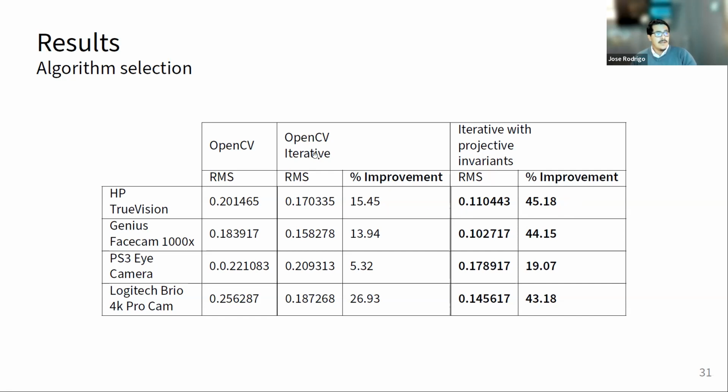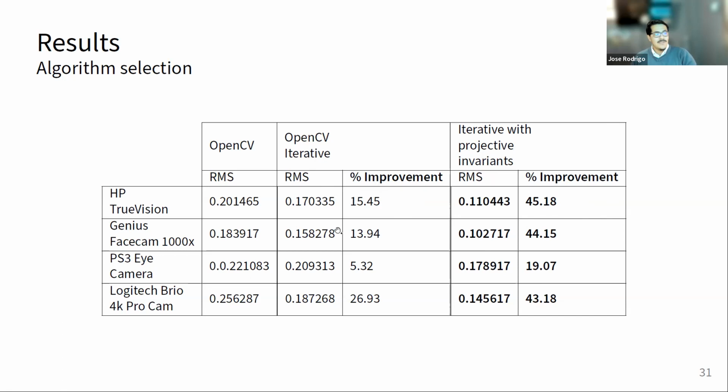The OpenCV iterative that was proposed by Datta et al. has just a 15.45% of improvement. Our method gets 45.18% of improvement, and in each case, it's really greater than other improvements.